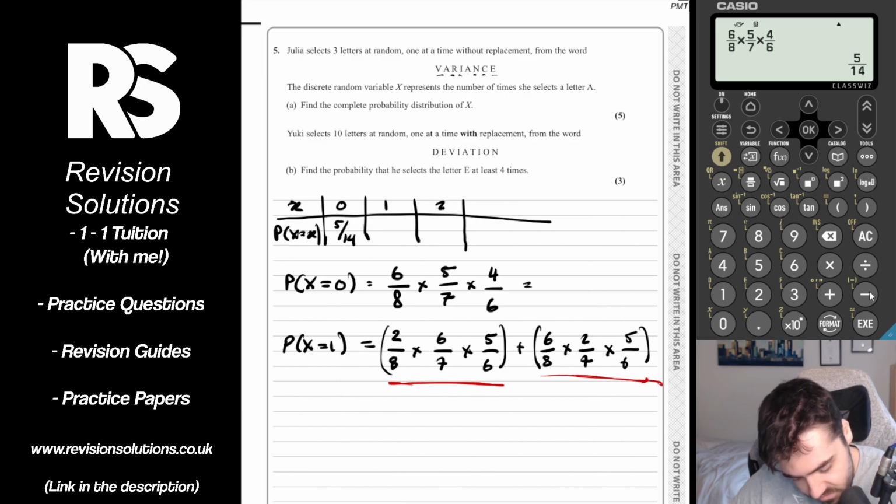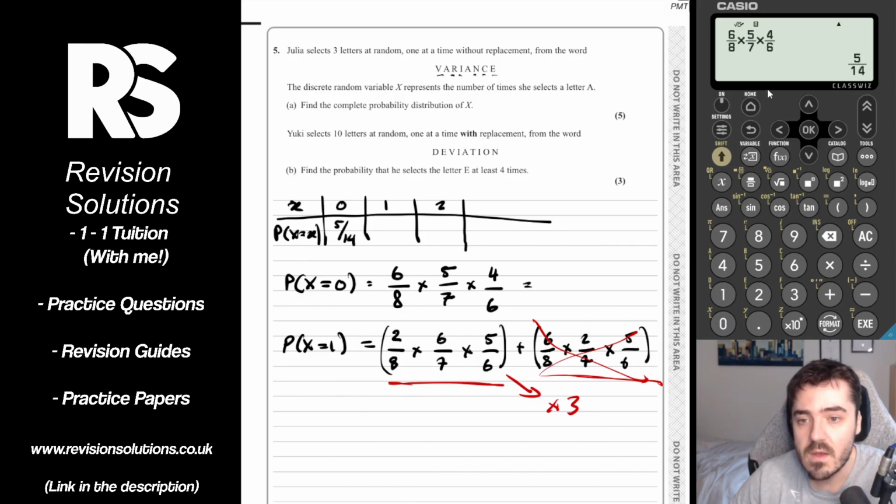Those sums are going to come to the same thing because all that's happened is the numerators have been reordered. So basically it's just 3 lots of this, because we've got to account for the last draw. So we're going to take this one and times it by 3. That's going to be quicker in our calculator. So we'll have 2 over 8 times 6 over 7 times 5 over 6.